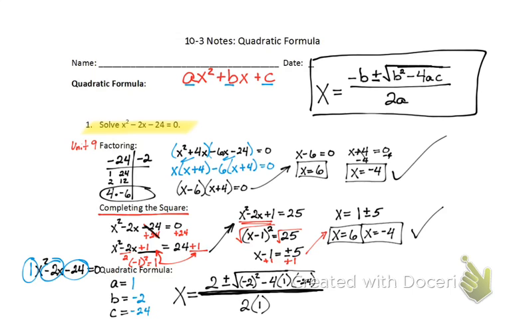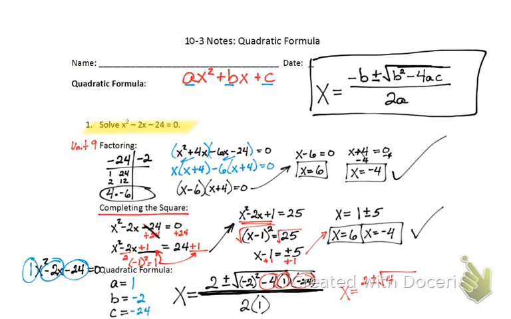So let's simplify this. I'm going to have x equals, obviously, 2 plus or minus, and I'm going to simplify this one piece at a time. What is negative 2 squared? Well, that's positive 4. And then I'm going to do this part right here. I'm going to take negative 4 times 1 times negative 24.